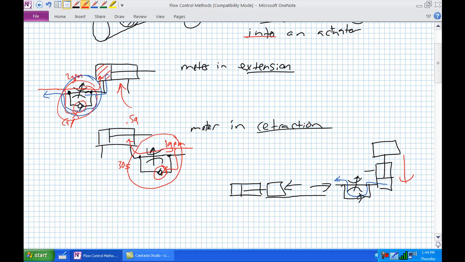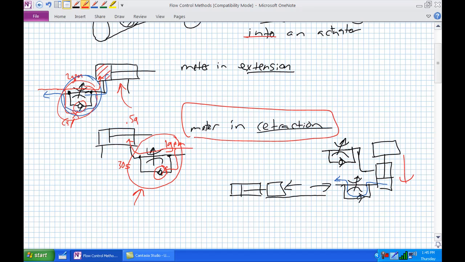So you're like, aha, I've got an idea. Let's fix this and put a meter in retraction on this thing. So you can do both. That way I'm going to control the amount of fluid going into the rod end, because Jim just told me right here, meter in retraction.